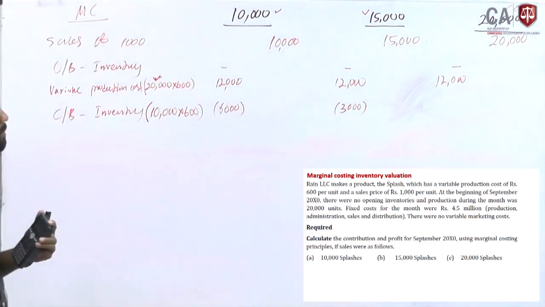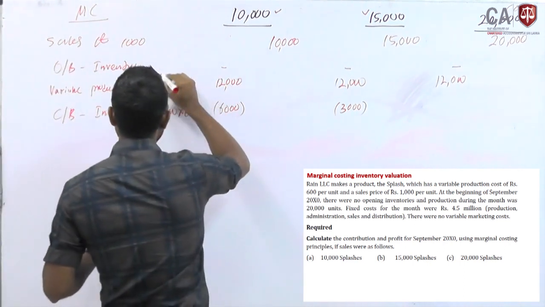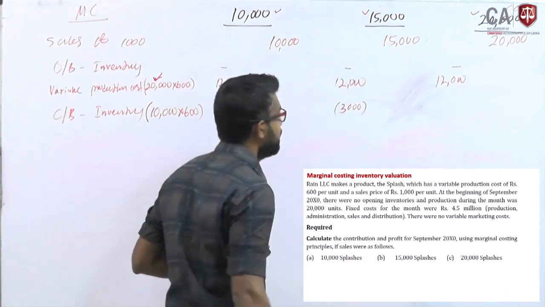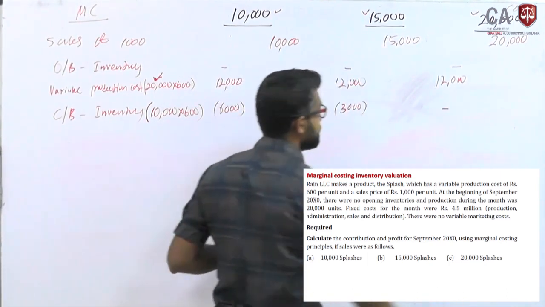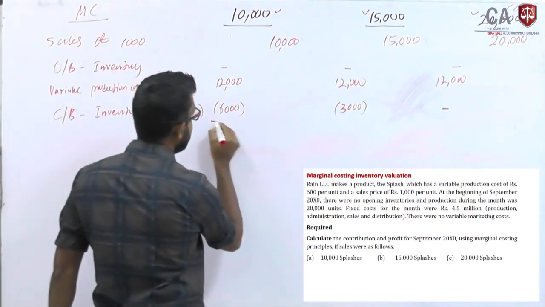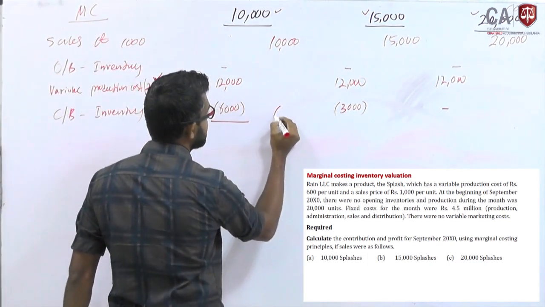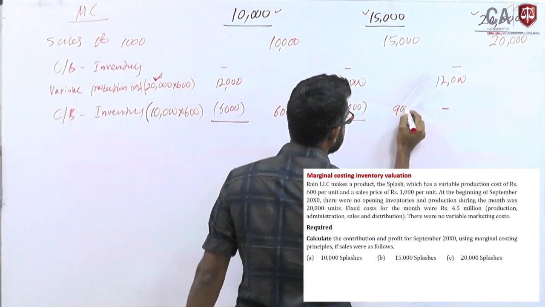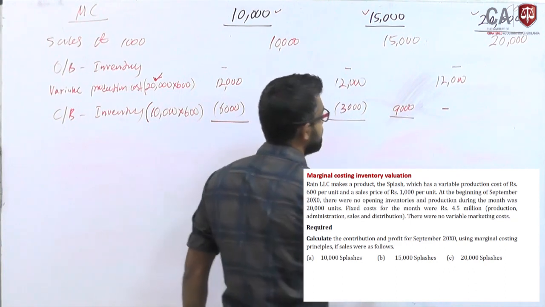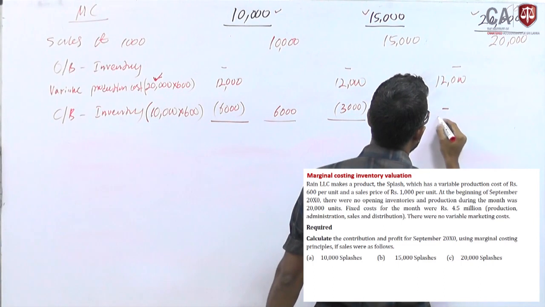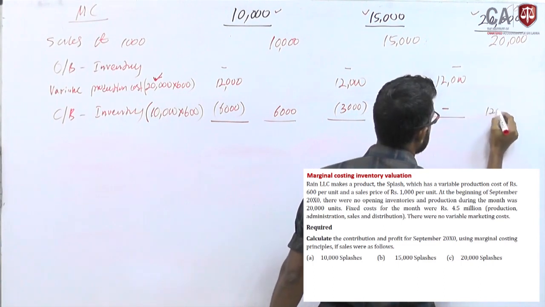Here production 20,000, entire production has been sold, no closing balance. Take the net: here 6,000, here 9,000, here 12,000.